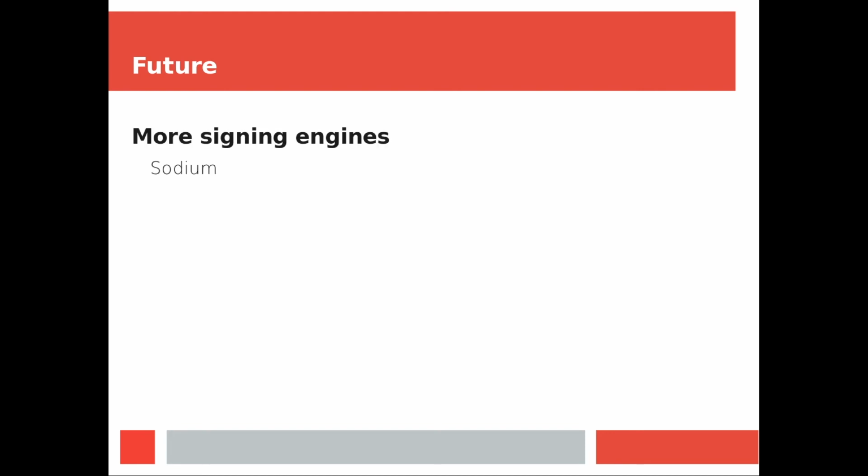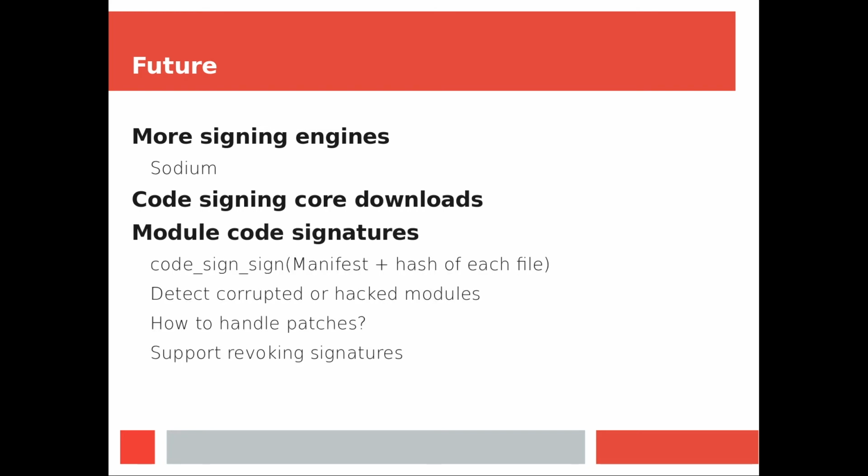In the future, we're looking at doing more signing engines. Like I mentioned, Sodium is one that's going to be coming along. We are going to be looking at doing code signing of the core downloads as well. And we also want to do signatures of the modules themselves. Right now, the signatures are just for the tarballs that are coming down from BackdropCMS.org.